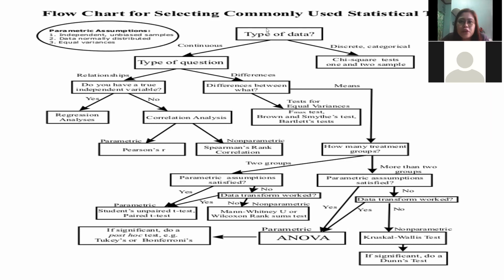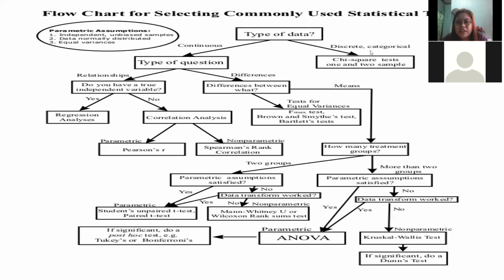So for example, your type of data is continuous. Continuous is the other term for interval data. Okay, interval data. Interval and ratio data will be here. And the discrete or categorical data, like we have nominal and ordinal data, diri siya sa right side.